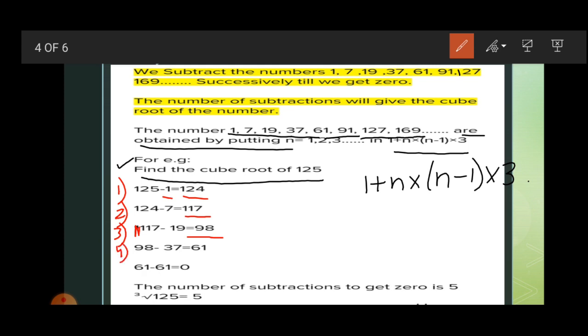Then 98 minus 37 is 61. Then 61 minus 61 is 0. We got 0. After performing subtraction 5 times, we get 0. So the cube root of 125 is 5.